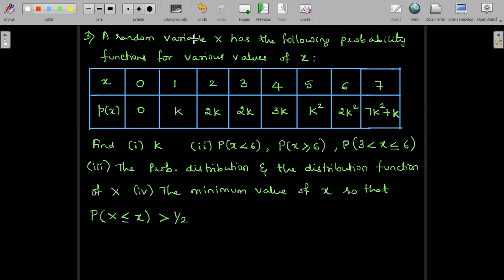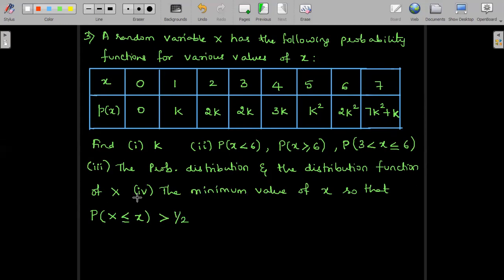So using that, we will be able to find the value of k, which is the first part of the question. Next, we have to find probability of x less than 6, greater than or equal to 6, and x lying between a range, which is similar to the previous problem. So that also can be easily done. Now, the third part is to find the probability distribution. With the value of k, we have to rewrite the distribution table and the distribution function of x.